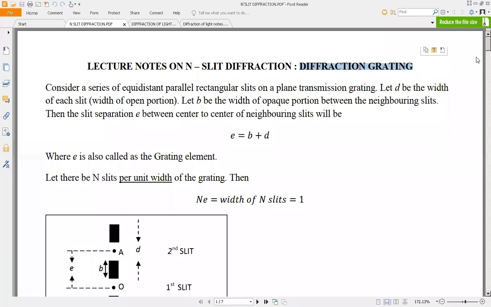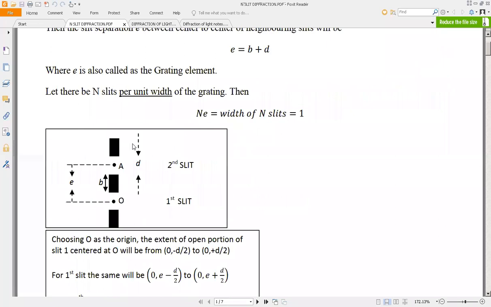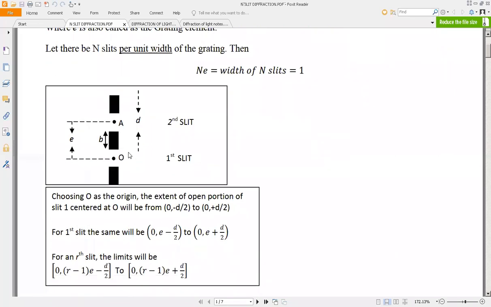Okay. So here, I am trying to show the same double slit configuration once again to make you understand what is N slit. Please pay attention. You have a row of slits, a series of slits. Here I have only two slits, the first slit and the second slit. Both the slits are separated by a distance e, which is the slit separation.